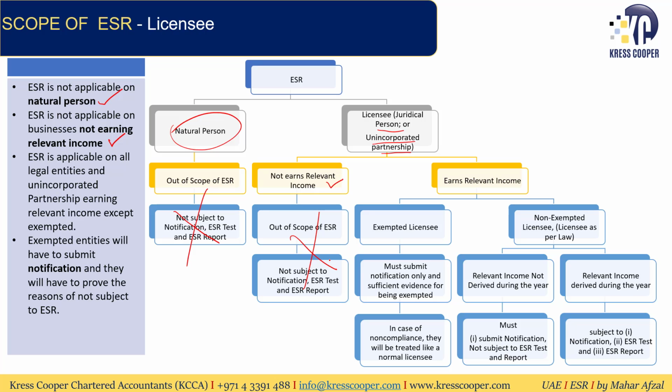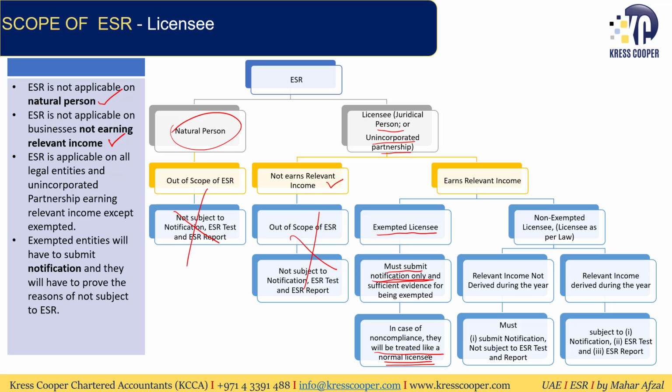Now let's discuss those that earn relevant income. In case the juridical person or the unincorporated partnership is earning relevant income, there is a possibility they fall under the exempted licensee category. In that case, we have decided they must submit the notification only. If they do not submit the notification, they will be treated like a normal licensee.